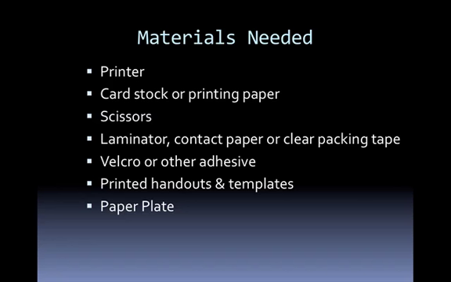You'll need the printed handouts from our website and the templates that we'll be using for today, and a paper plate. So if you could take a few minutes and make sure that you have all of those materials gathered up. If you still need some things, then go ahead and see if you can get those things right now.